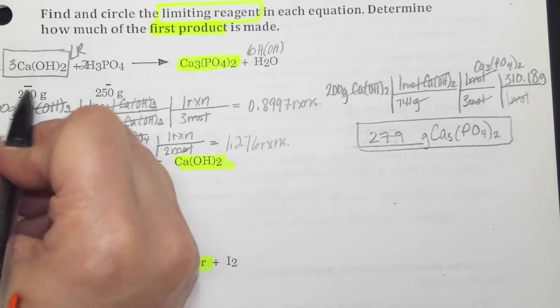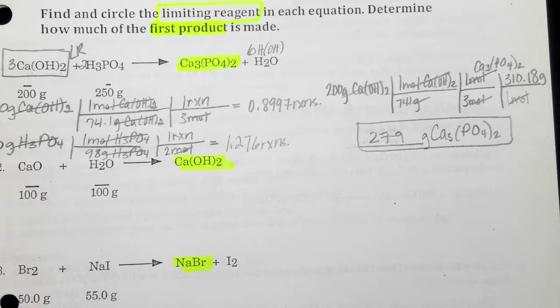We'll say that these lines indicate both are significant and both are significant. So the answer is 279.